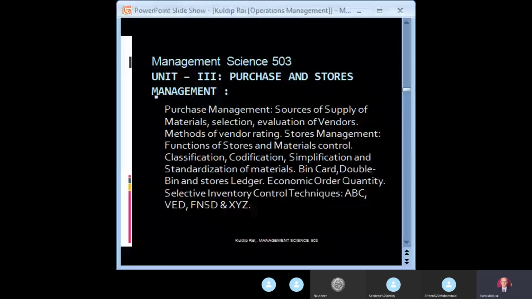But for doing this service, we need a lot of materials: stationery, computers, laptops, printers, books for the library, mics for taking an online class, and so on. So materials are necessary even in a service scenario.